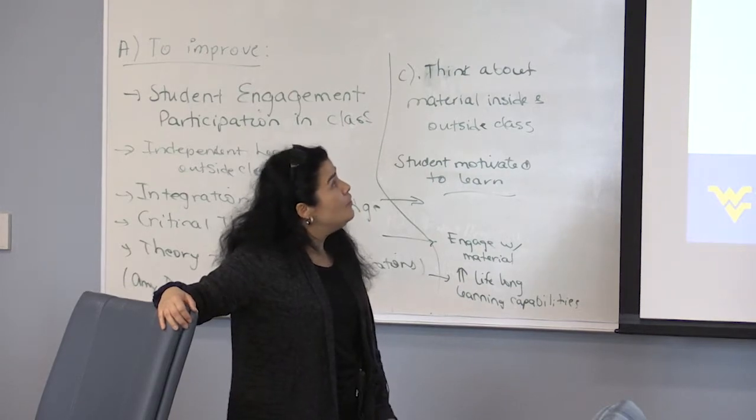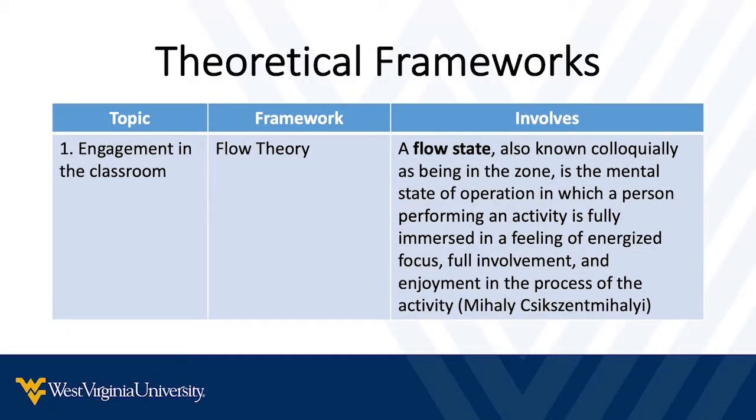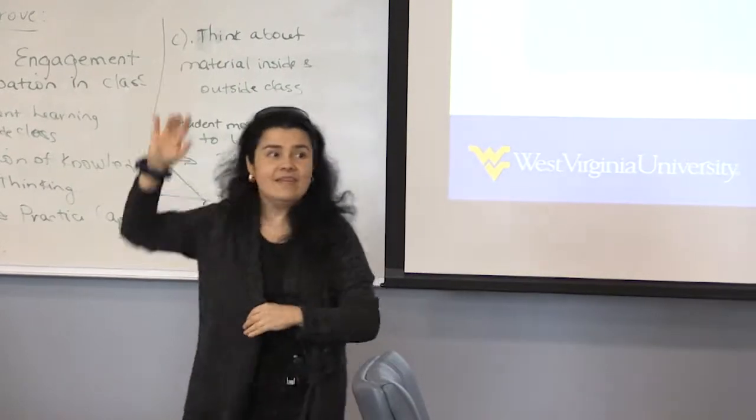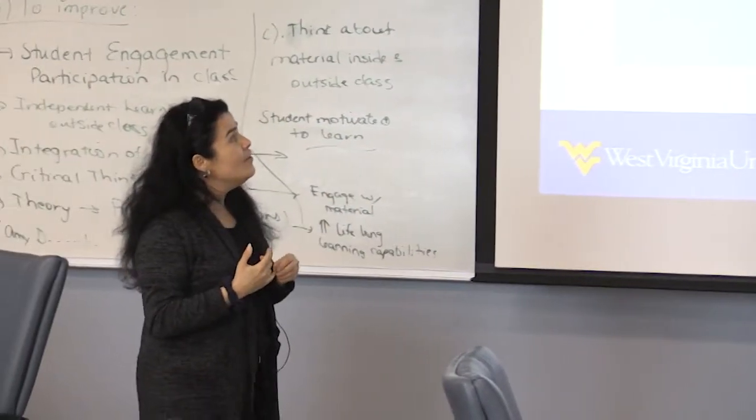So what we want you to understand is the following. For instance, if you're looking into understanding student engagement, one framework that could be appropriate for your study is called flow theory. Have any of you heard about flow, been in flow? If I read here, you're going to see the following.